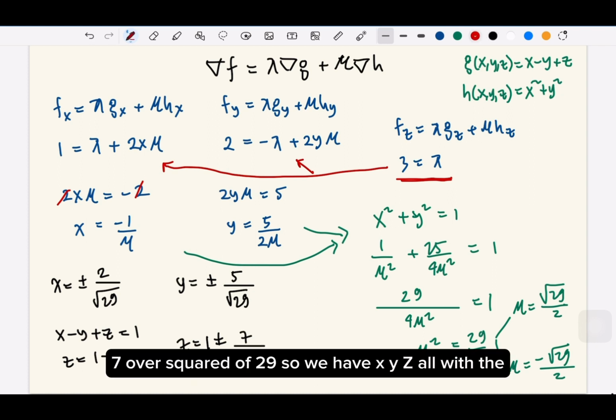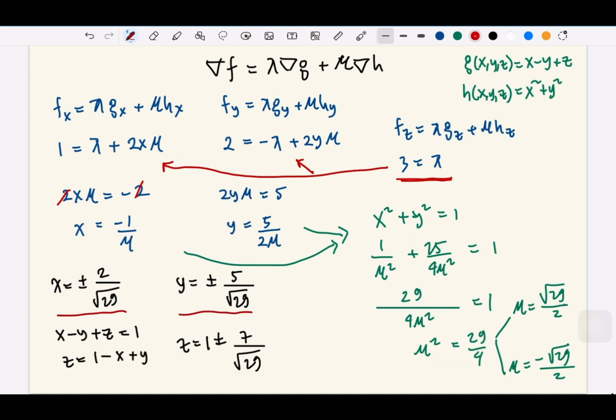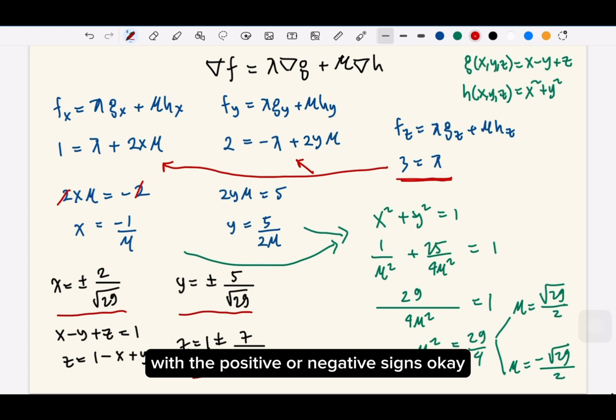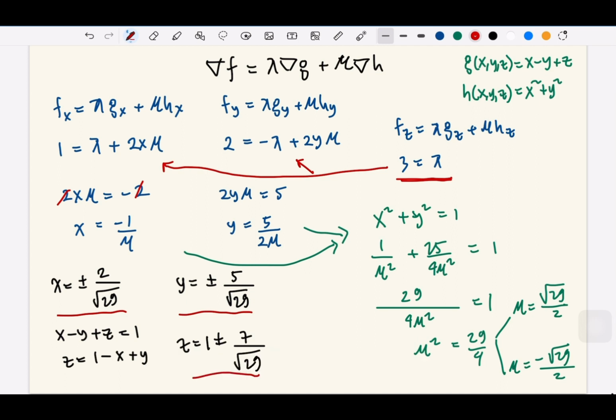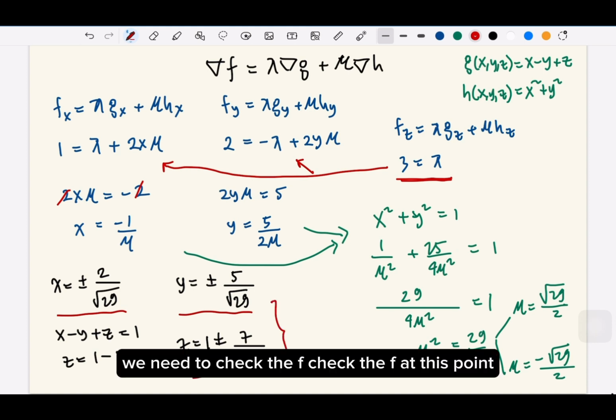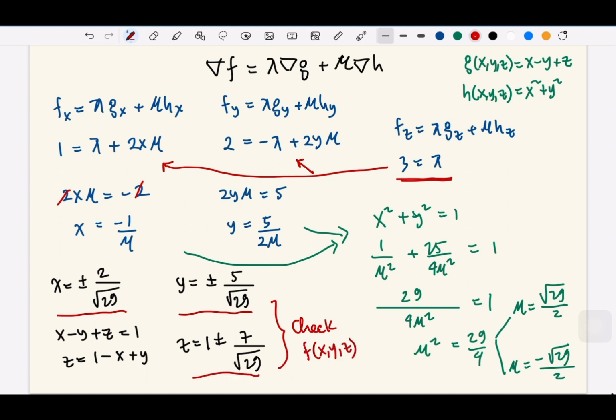So we have x, y, z all with each possibility with the positive or negative signs. And then with all these three, we need to check the F. Check the F at this point, so we need to check the positive and check the negative.